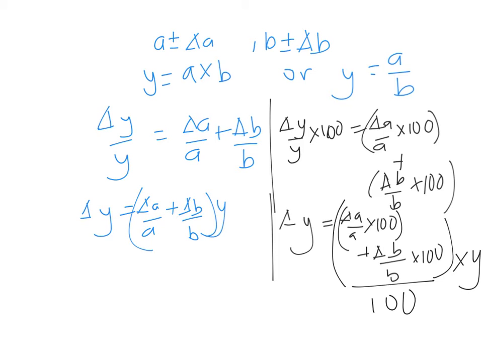Then you will get the absolute uncertainty for y. So before you actually bring the y over, or you bring the 100 and the y over, check and see whether the question requires you to find fractional uncertainty, percentage uncertainty, or absolute uncertainty.